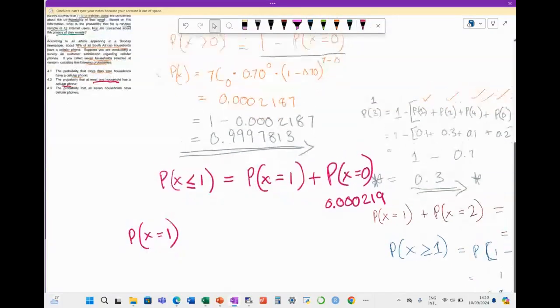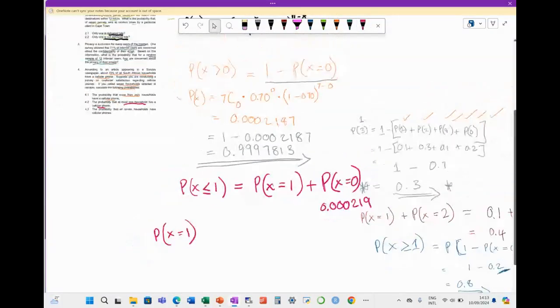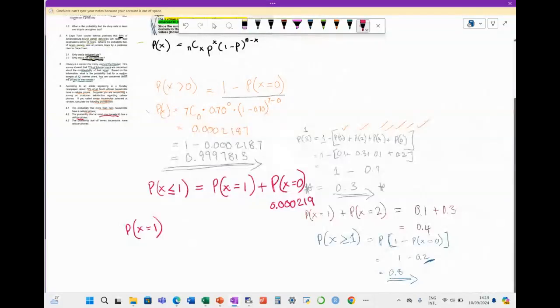Then we go back to our binomial formula. We are basically saying it is equal to, we still have how many observations? 7, yes. And x is 1. And the probability now is what? What's the success probability?